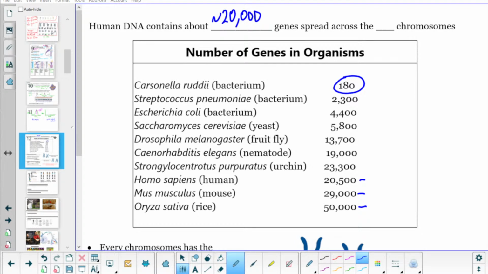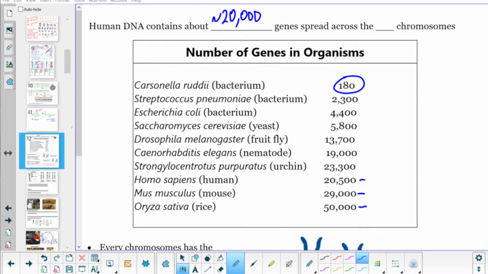Organism with the most genes. No, this is too old. 2011?